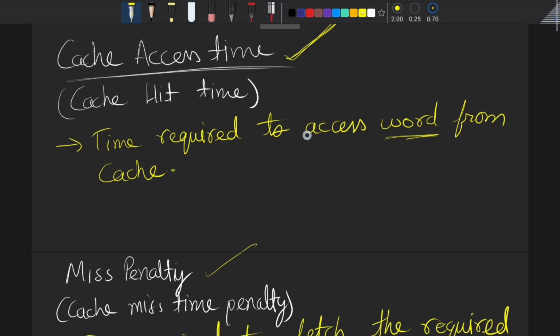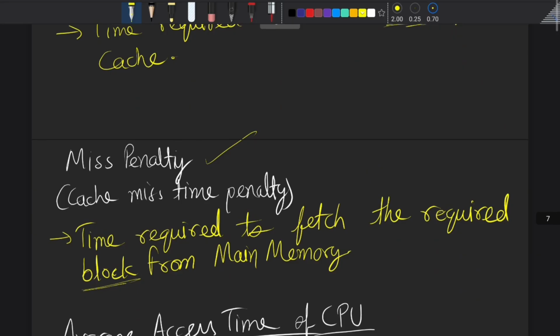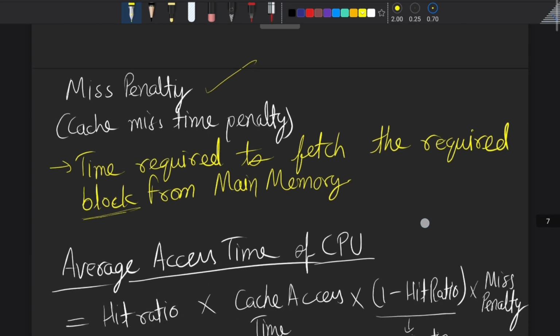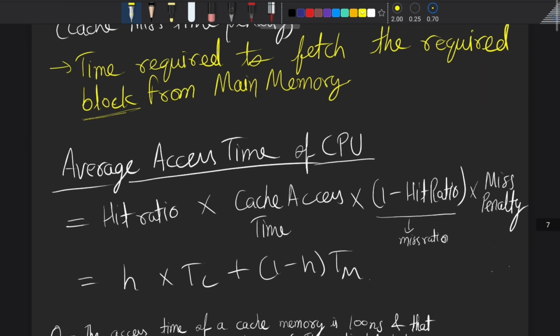So the time required by the CPU to access the word from cache is known as cache access time. And this cache miss penalty is the time required for the CPU to fetch the required block from the main memory. Now let's discuss the average access time of CPU.